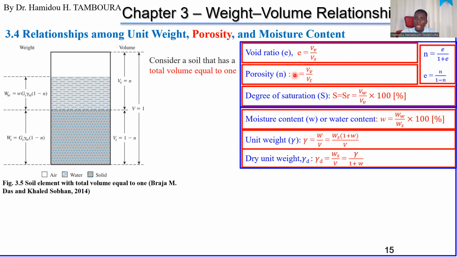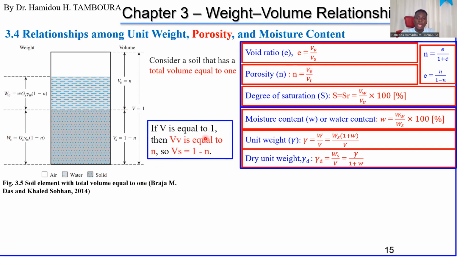It means n, the porosity, will be equal to the volume of void. That's what we will have here. So the volume of void, Vv, is not 1, it is n, the porosity, and the total volume is 1.